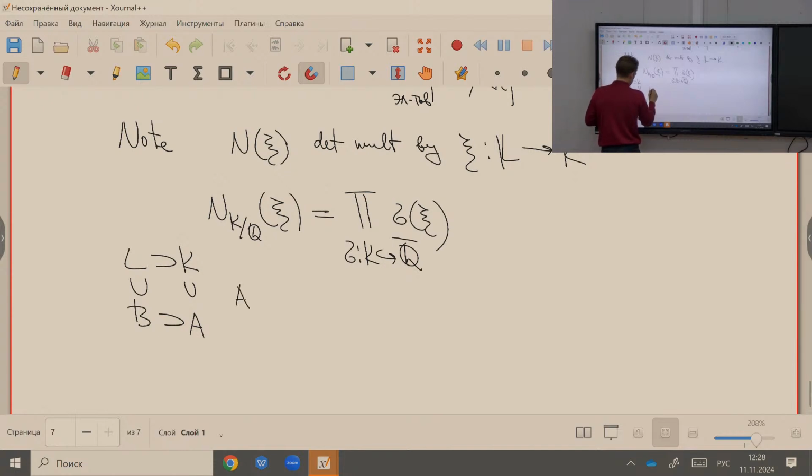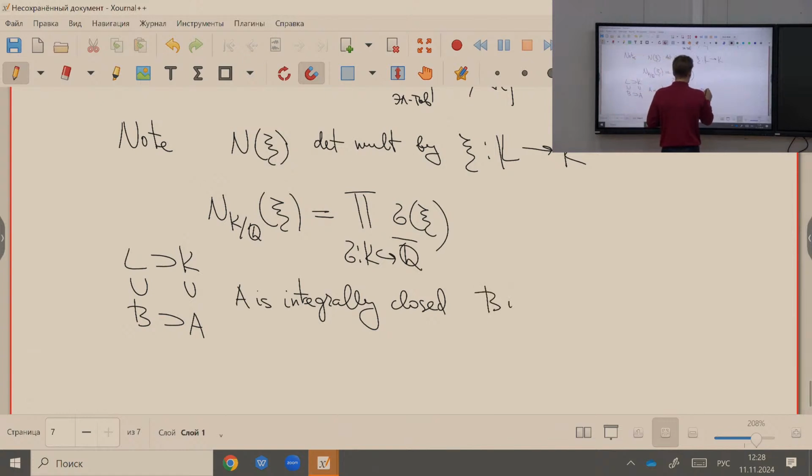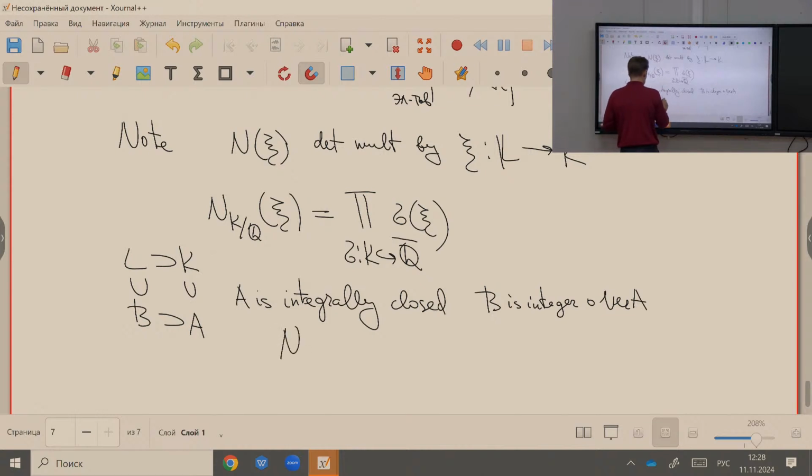If A is integrally closed, and B is integral over A, so the norm of B sits inside it.